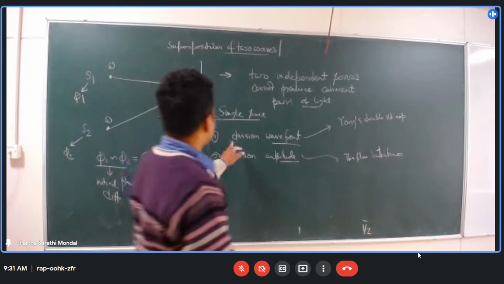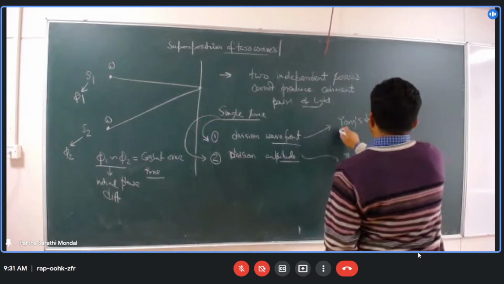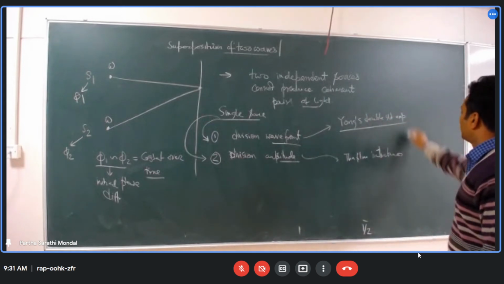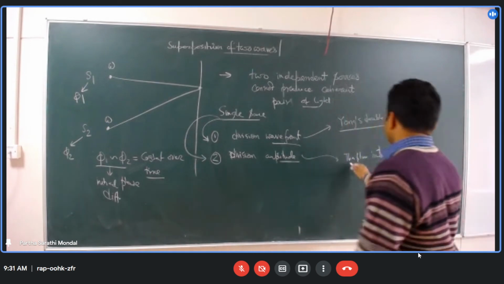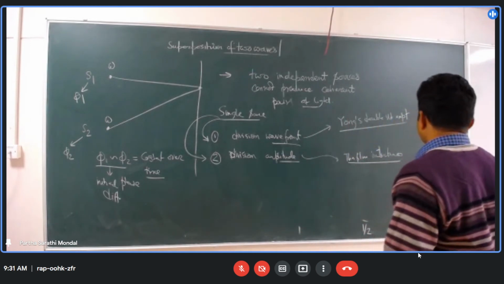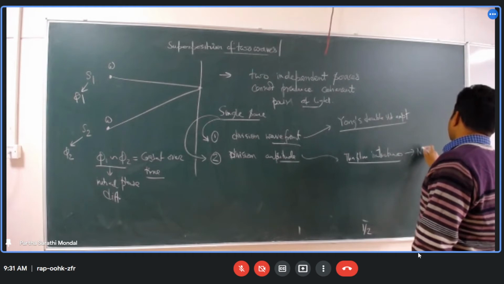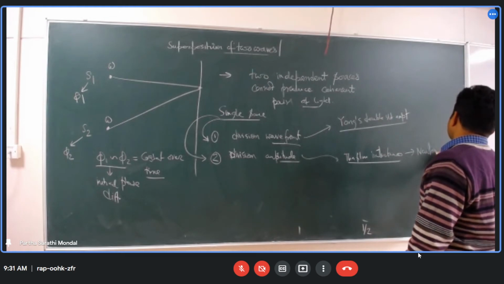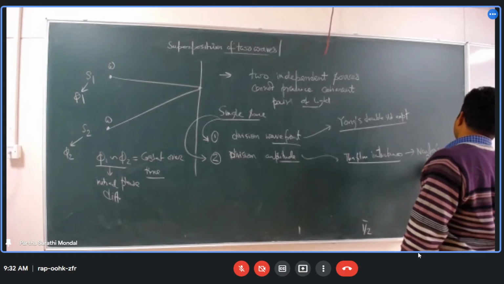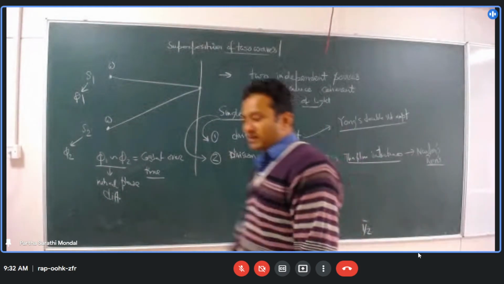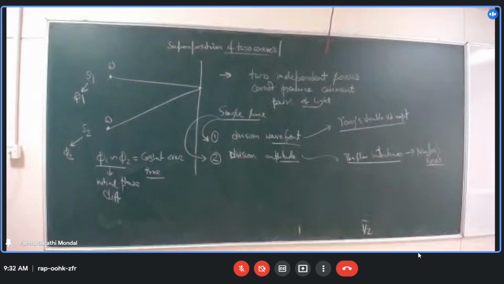For division of wavefront, we will discuss Young's double slit experiment tomorrow, and for division of amplitude, we will use thin film interference, and for example, there is an experiment called Newton's ring experiment. ये हम लोग करेंगे तो ये चैप्टर खत्म हो जाएगा.